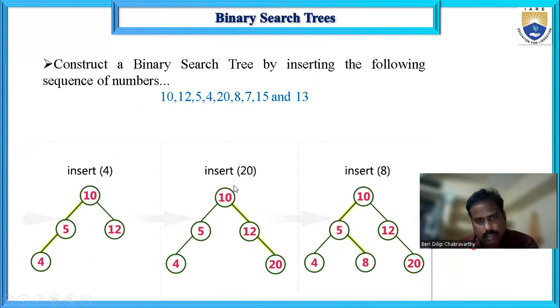Similarly, now insert 20. First I check with 10. As 20 is greater, I move to the right side. Here 12 is there. As 12 is less than 20, I place it as the right child of 12. So 20 is placed as the right child of 12.